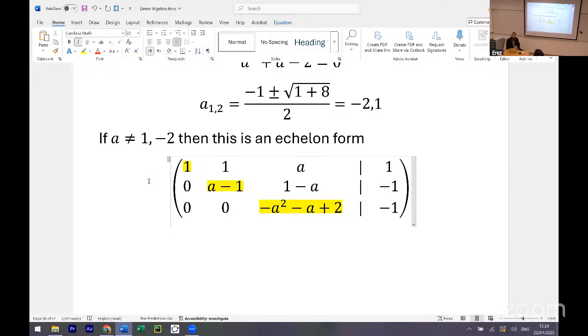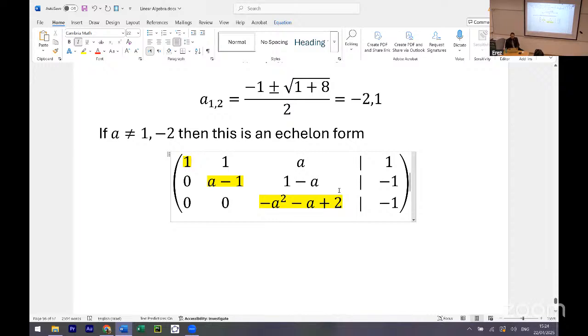What about the variables? Is there a free variable or not? No, they are all bounded. Why? In the column of X, you have a pivot. In the column of Y, you have a pivot. And in the column of Z, you have a pivot. Okay, so I write: this is an echelon form. I wrote it above, but I wish to brainwash you.